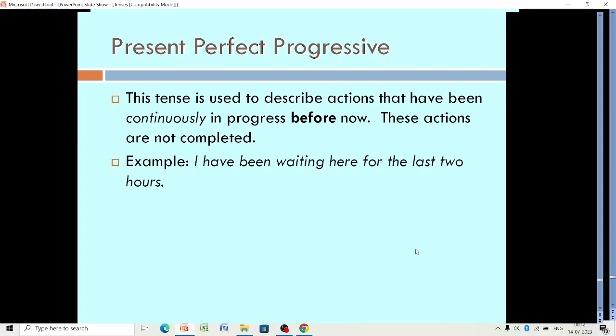These are the indicators mainly used to express present perfect and present perfect continuous. The form of the present perfect continuous is has or have been plus verb plus ing.